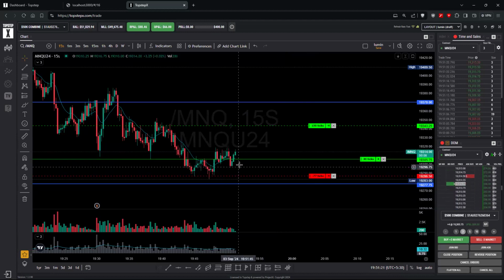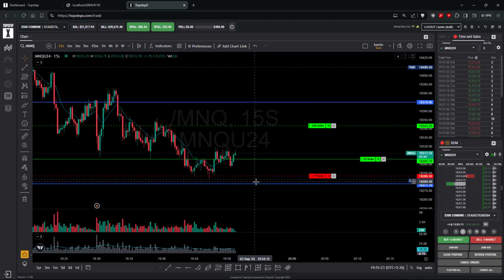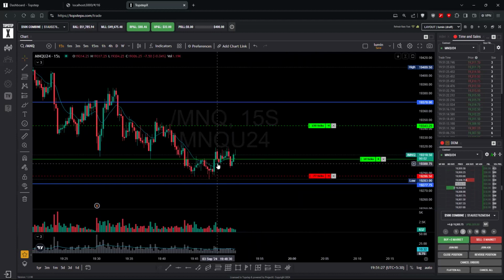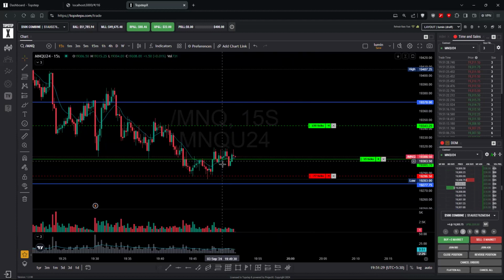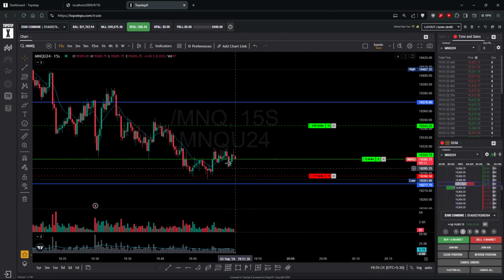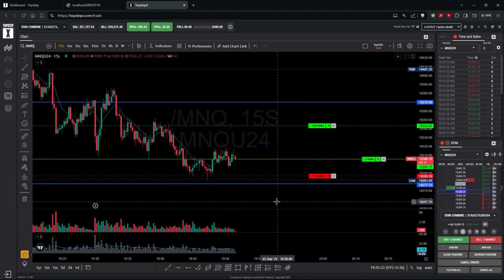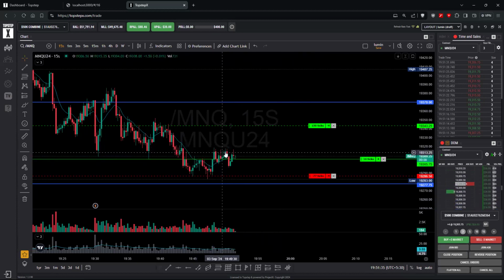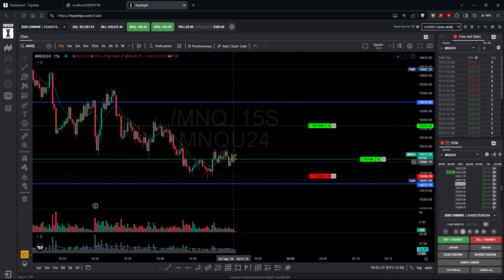So you can see why not moving the SL is working out here. If I had moved my SL here, it would have got taken out. But until this high breaks, I won't trail it.